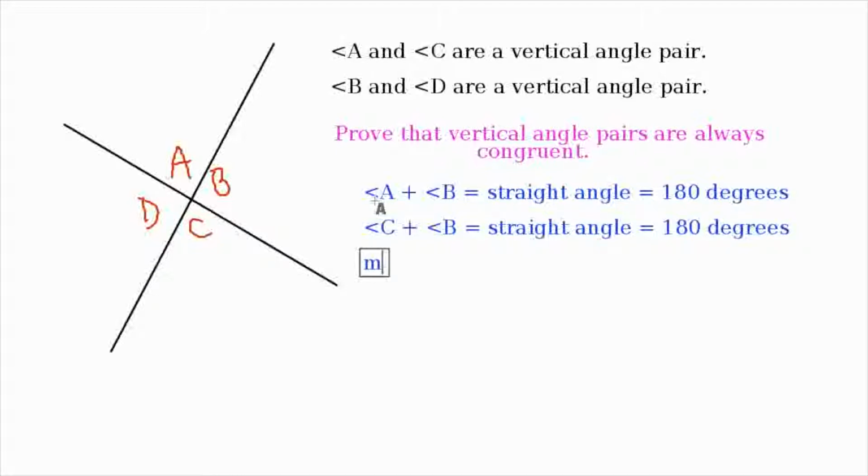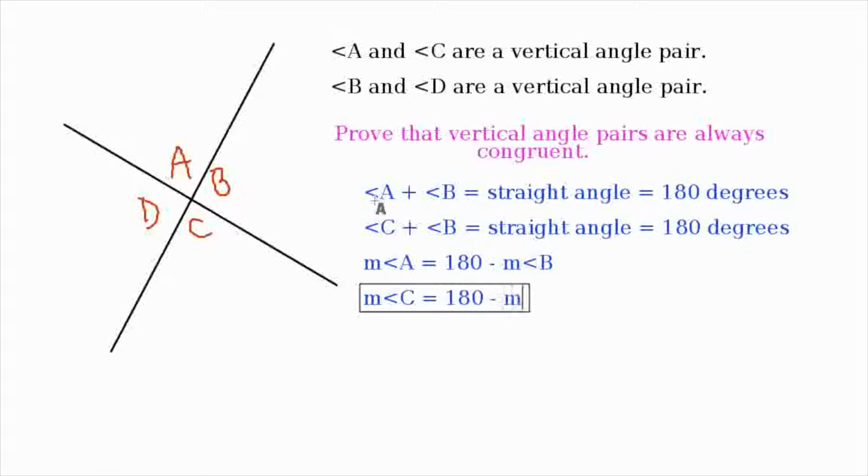The measure of angle A, I'm going to isolate angle A in the first blue expression. The size of angle A is 180 minus the measure of angle B. So I just moved the angle B to the other side of the equal sign. Angle C is equal to, looking at the second blue equation, 180 minus the measure of angle B.